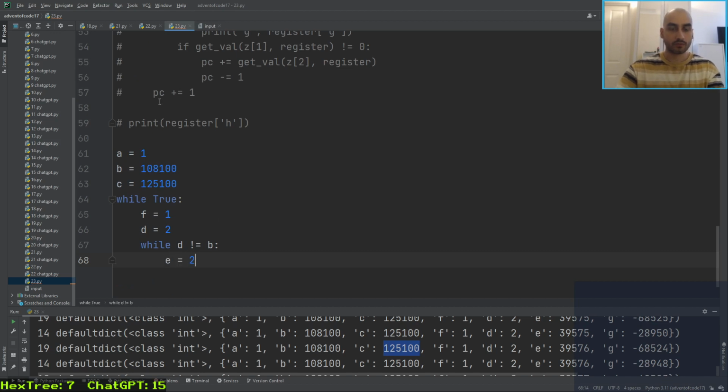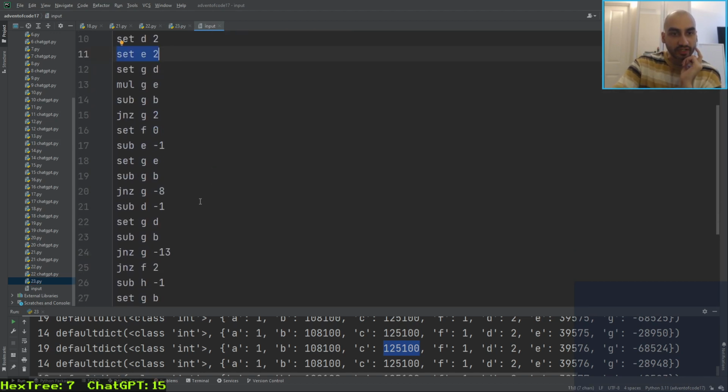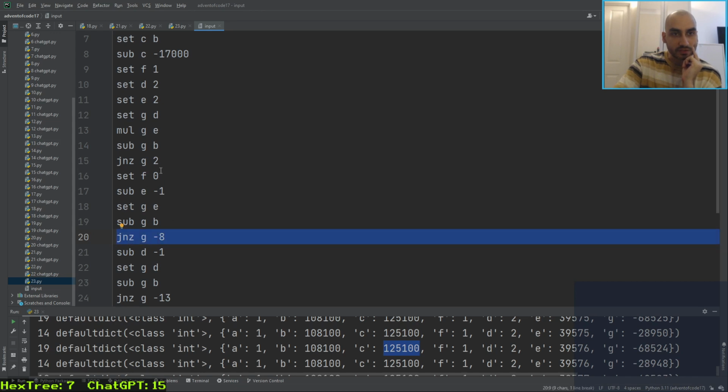E equals 2. Now we've got another inner jumping, this one, which jumps to 12.